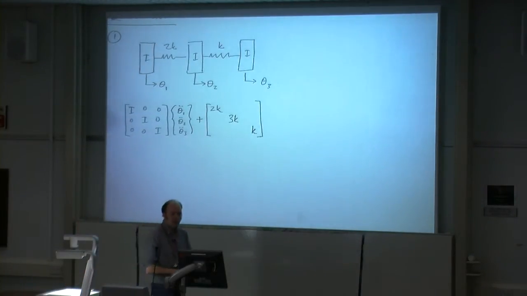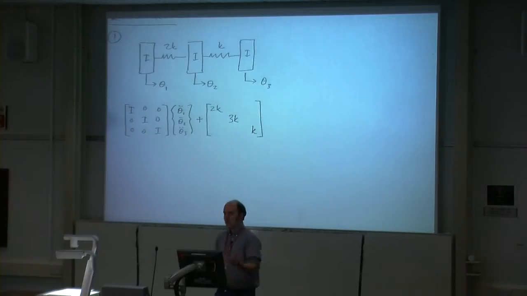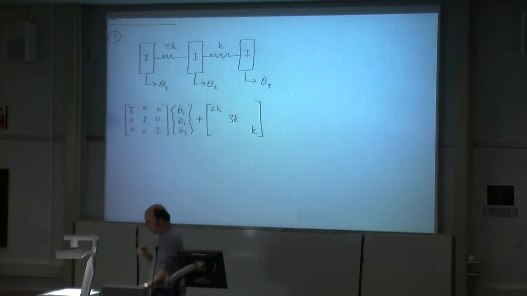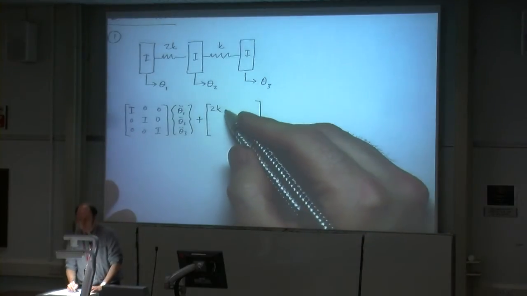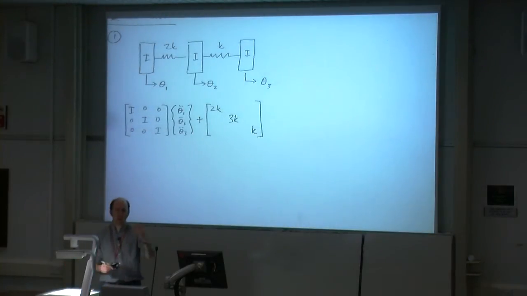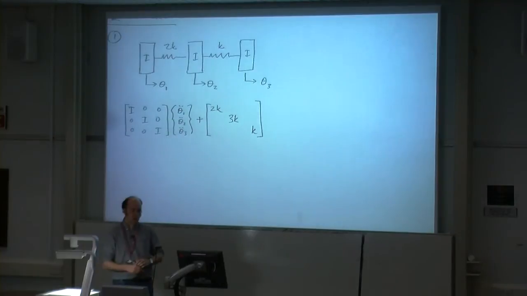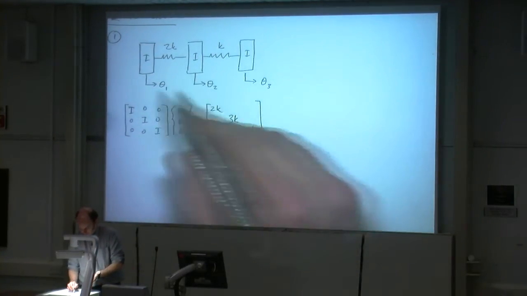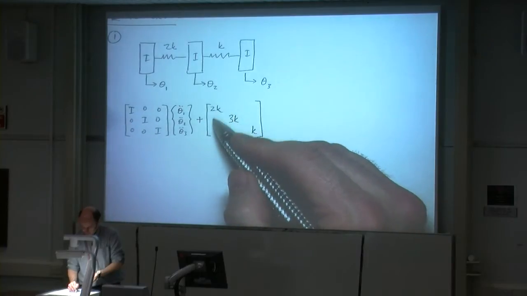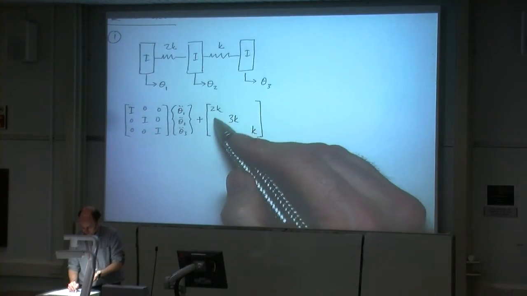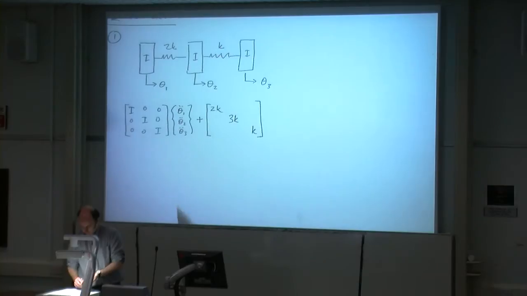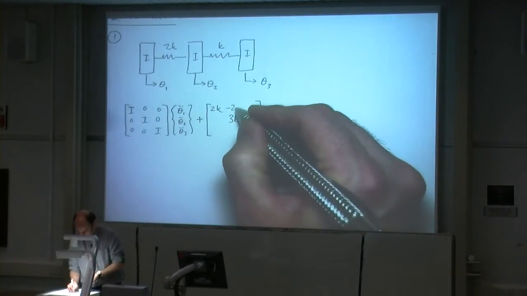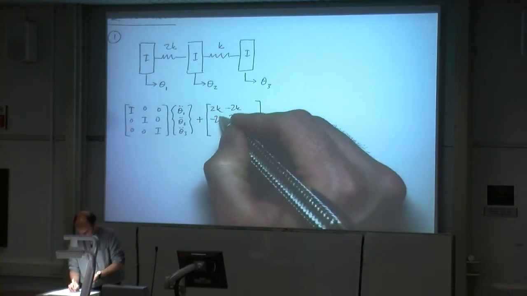But for the stiffness matrix, we can't disregard the off diagonals like we have done with the mass matrix. The off diagonals are minus the sum of the springs connecting each mass to another mass. Between inertia 1 and inertia 2, that's first row second column and second row first column, so minus 2K here and minus 2K there.